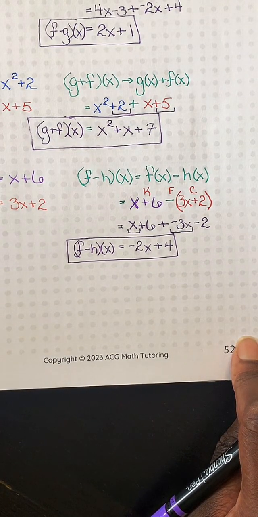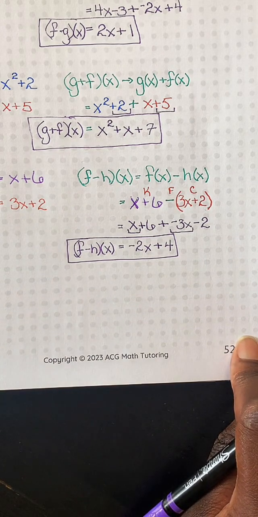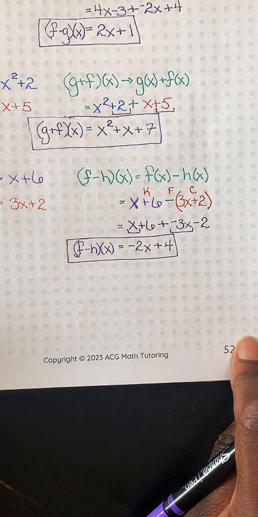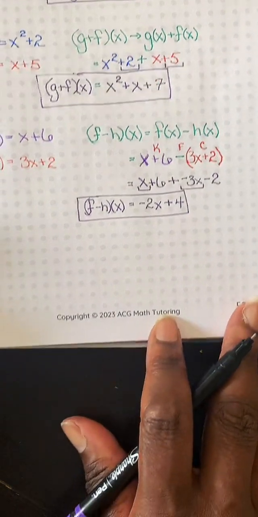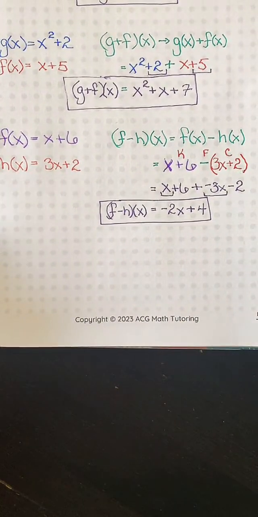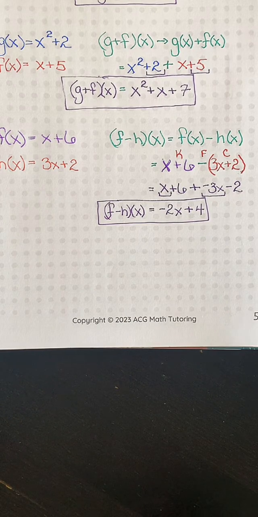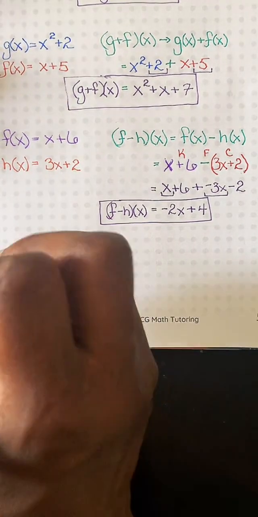All right. Want to try one for yourselves? Let's see what we got. I'm going to keep this up here because I know some people like to copy down the notes. Okay, we can do this one.